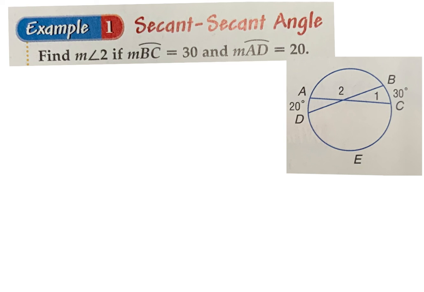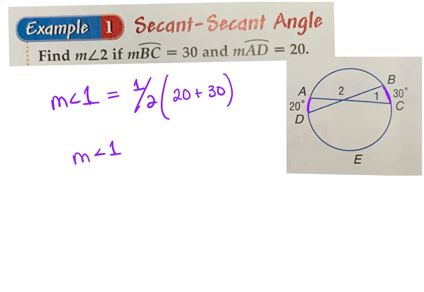So for this one, I would say let's solve for 1. So the measure of angle 1 should be exactly half of the 2 arcs that it intersects, which are these 2. So I would say half of 20 plus 30. That's 50 divided by 2. I'm going to get the measure of angle 1 is 25 degrees.